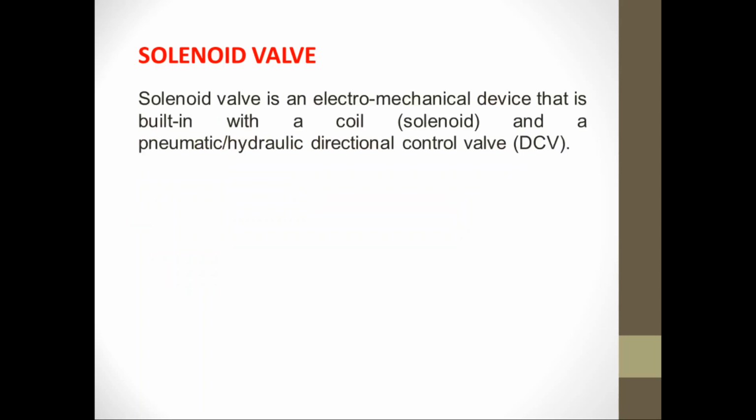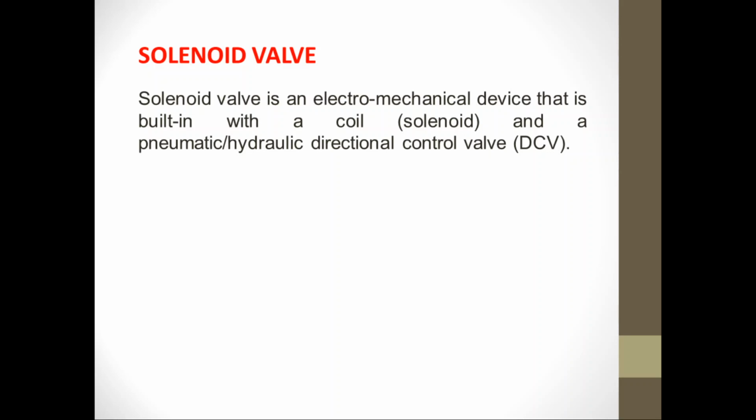As mentioned, we cannot control the movement of the pneumatic cylinders by means of electricity. The only way to allow the cylinder to move in extended or retracted position is through the use of what we call directional valves or solenoid valves.